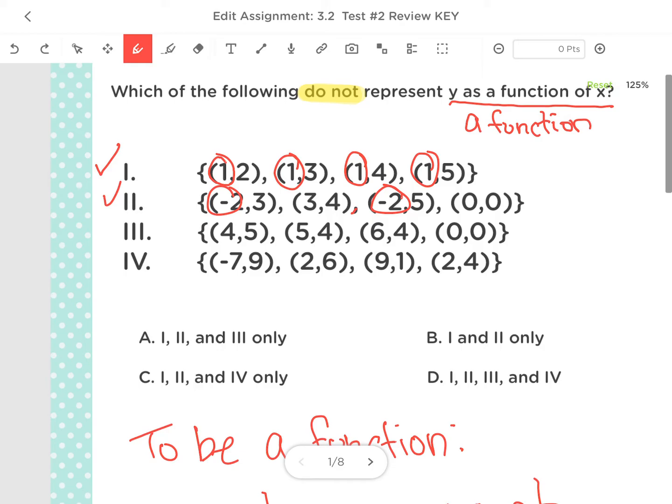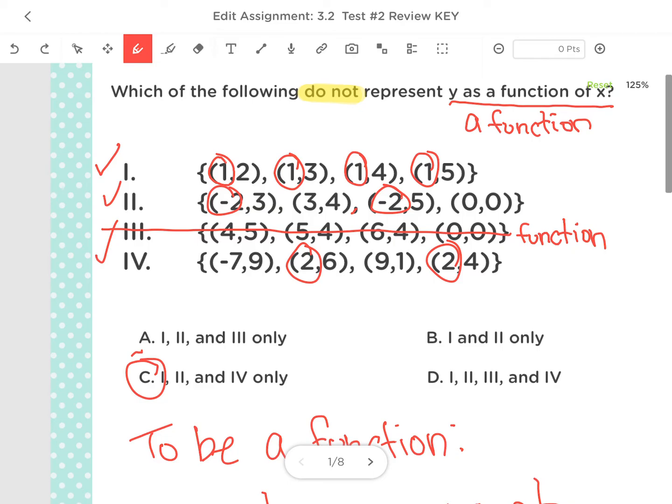Number 3, we have 4, 5, 6, and 0. So that one represents a function, so we do not want to select that one. Number 4, we have 7, 2, 9, 2. The 2's repeat, so we want to select that. So for our answer choice, we're looking for 1, 2, and 4 because those do not represent a function. That would be answer choice C.